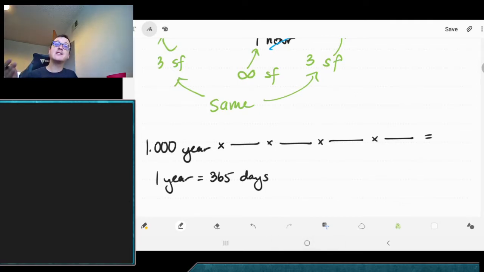Again, the point of doing all these fractions is to cancel out units we don't want and to end up with units that we do. So if we want years to go away, we're going to have to put years in the denominator here so that they cancel out. And so we're going to have the other part of our equality on the other side of the fraction.